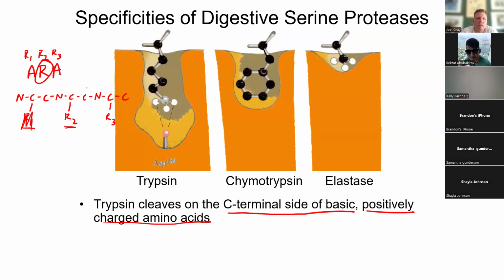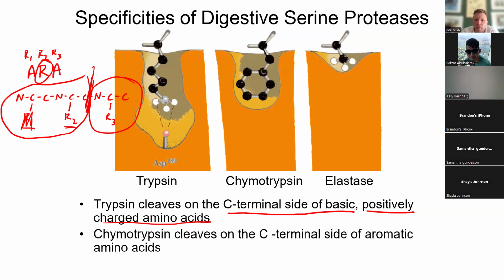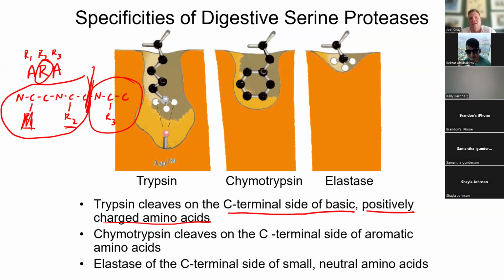So cut the peptide bond between here and here. It's going to cut that peptide bond and release this and this as separate products. That's what trypsin is going to do. Chymotrypsin is going to cut on the C terminal side of an aromatic amino acid. Elastase is going to cut on the C terminal side of a small neutral amino acid.